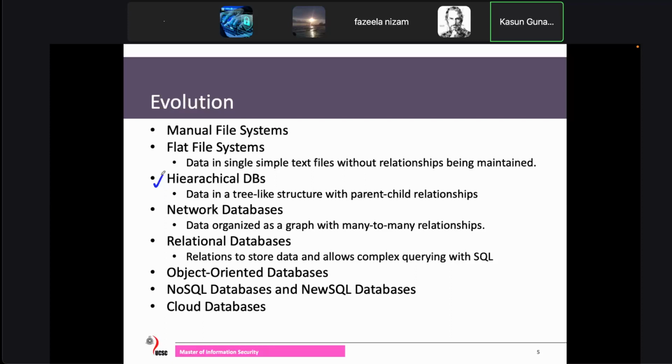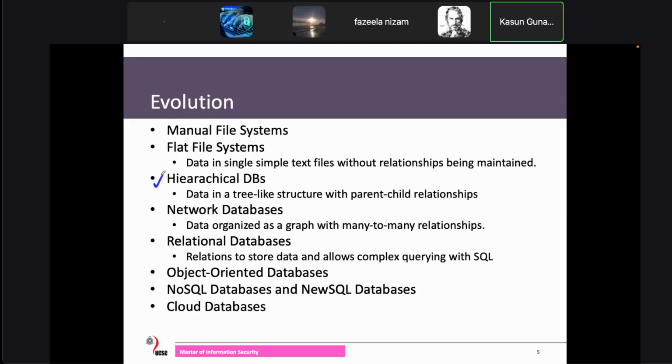In time, the researchers and scientists understood this is not going to work. So the parent-child relationship does not always ensure the required data representation and the efficiency and the ease of use.